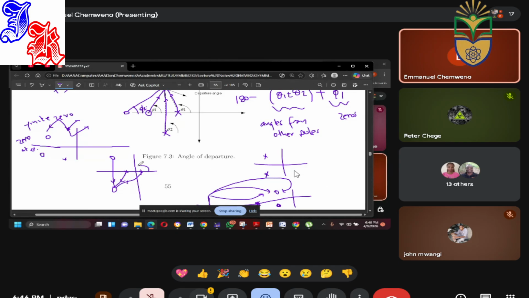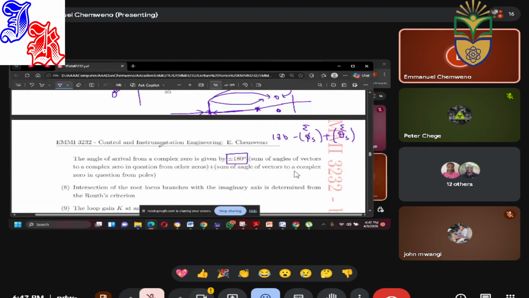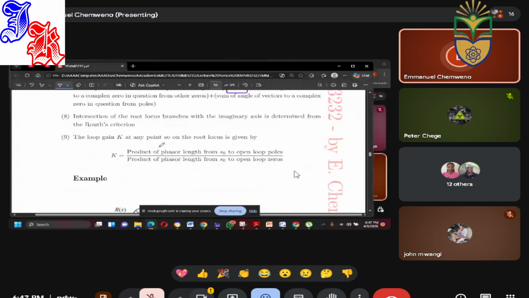So this is the angle. These are the angle. We shall take a few examples. Finally, the loop gain.